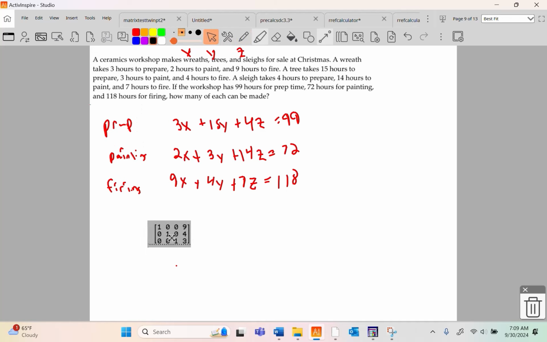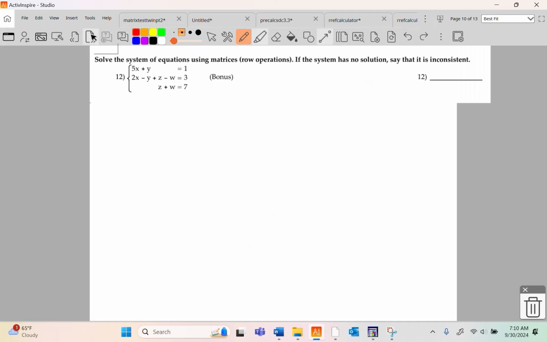The first thing we saw was, by the way, this goes wreaths, trees, and sleds. So we can make 9 wreaths. We can make 4 trees. And we can make 3 sleighs. Easy peasy.